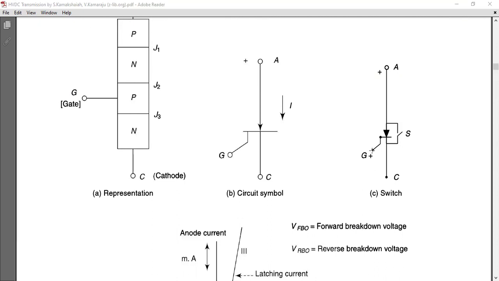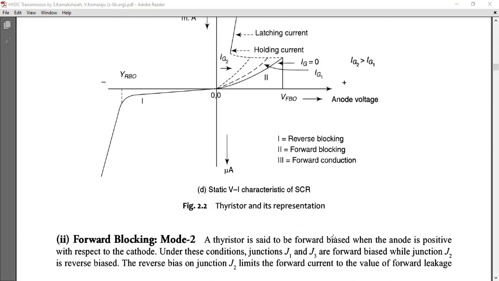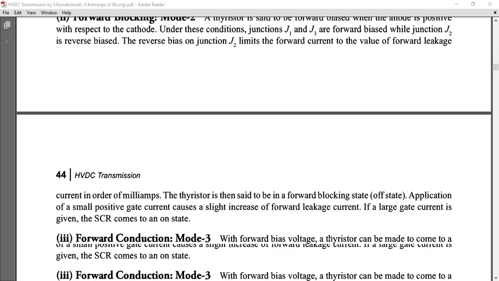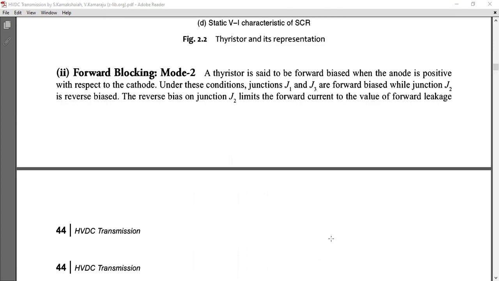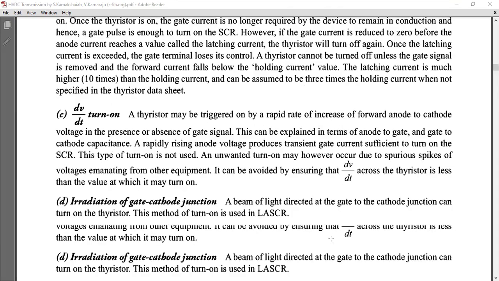Okay, that means a beam of light will be directed onto the gate to cathode junction, so it turns on the SCR. So this method of turn on is used in LASCR. Okay, so these are the SCR on modes.